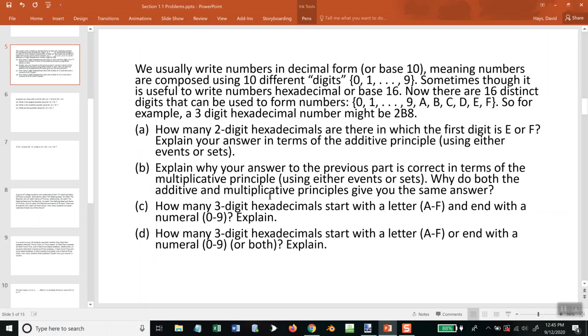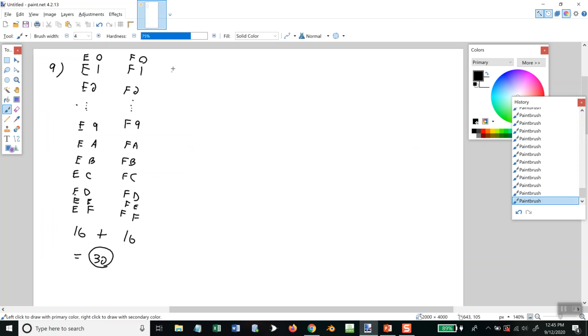Okay. B says, explain why your answer to the previous part is correct in terms of the multiplicative principle using either events or sets. Why do both the additive and multiplicative principles give you the same answer? Okay. We've got 2 digits. The first digit can be E or F. So that's 2 possibilities.